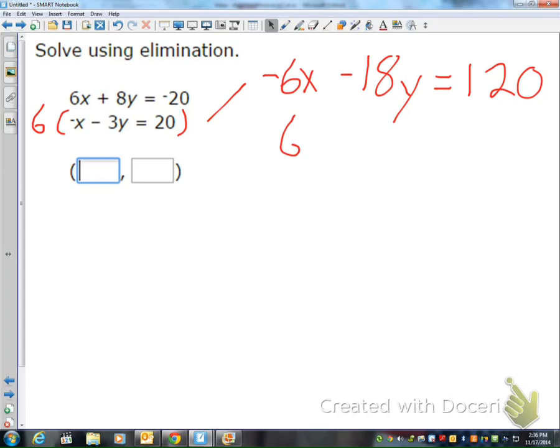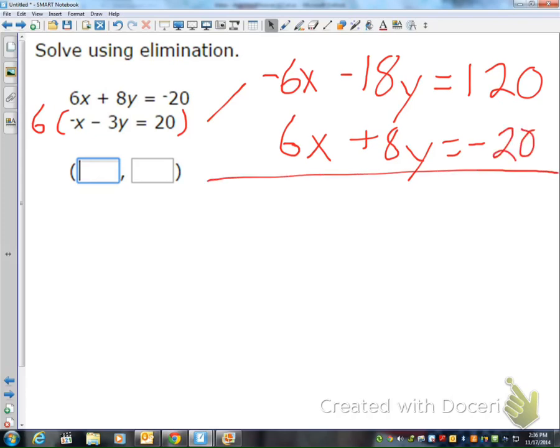And then our other equation is 6x plus 8y equals negative 20. And now, since I have 6x and negative 6x, I can just add them. 6x and negative 6x will eliminate. So I have negative 18 plus 8, which is negative 10y. And 120 plus negative 20 is 100.